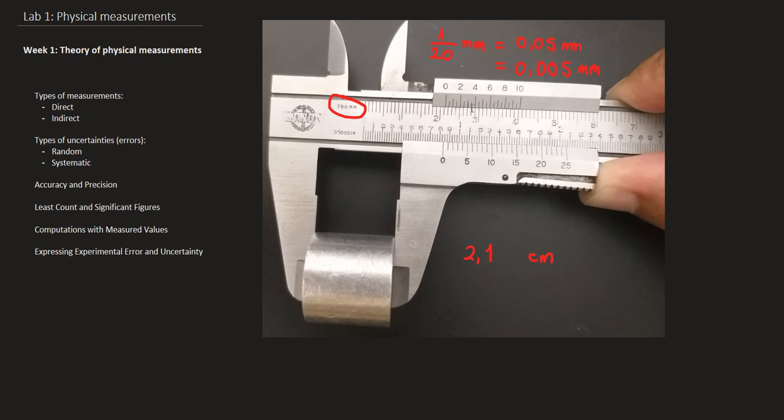Let's try to count. Here we have a 0, here we have a 2. This line is of 0.0, excuse me, here I've committed a mistake, centimeters. This line is 0.05 millimeters.